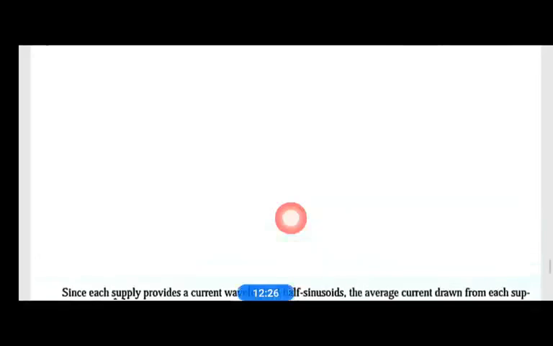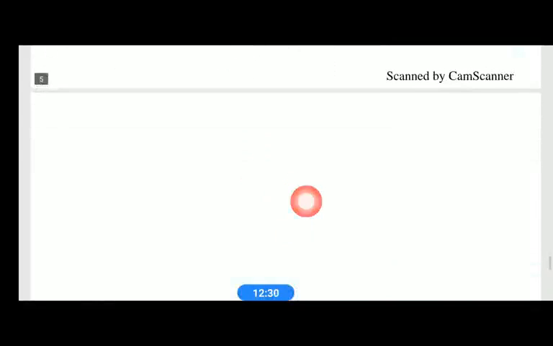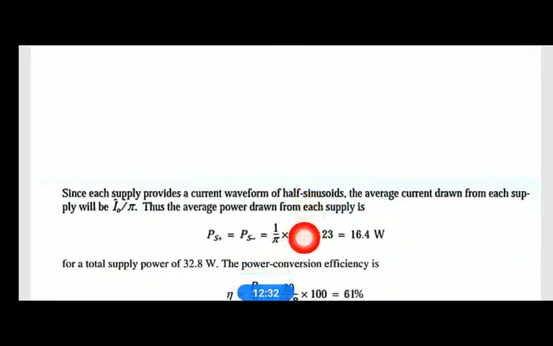Actually it is V0 by RL, sorry, which is I0. We calculated this V0 by RL, right? You substitute 2.24, otherwise you substitute the value of V0 and RL separately, VCC 23, and pi. Then you get the supply power 16.4 watt.